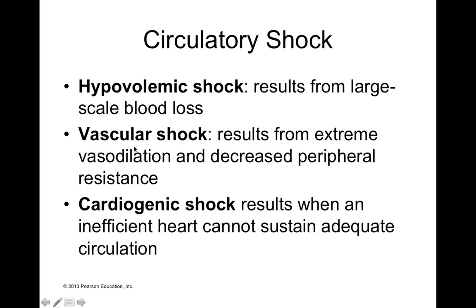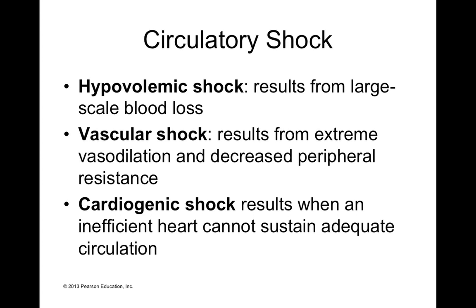Vascular shock is where you get extreme vasodilation, where due to a variety of circumstances, all the blood vessels in your body just vasodilate. If they vasodilate, then you can decrease resistance so much that your blood pressure basically drops out, right? And there's different things that can cause vascular shock. You guys have heard of anaphylactic shock. That's due to allergens. Septic shock, that's due to infection, okay?